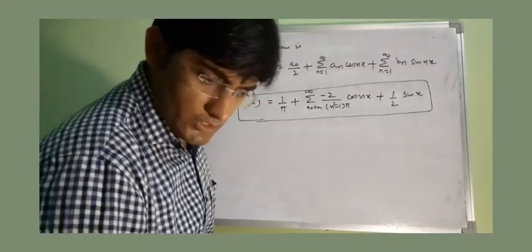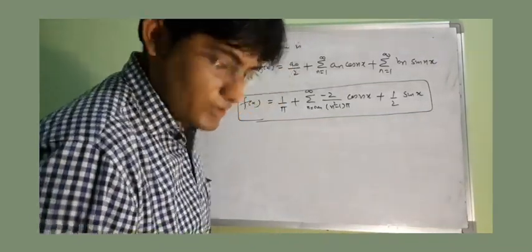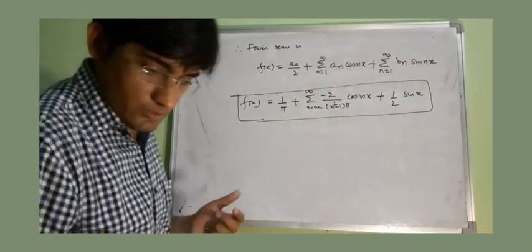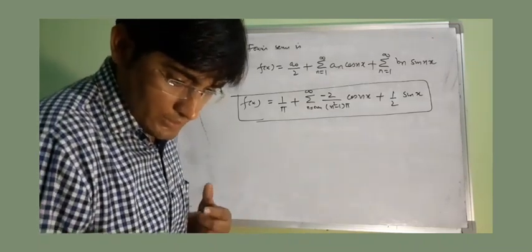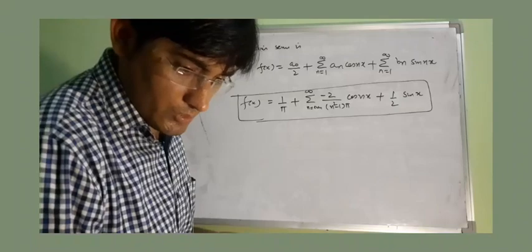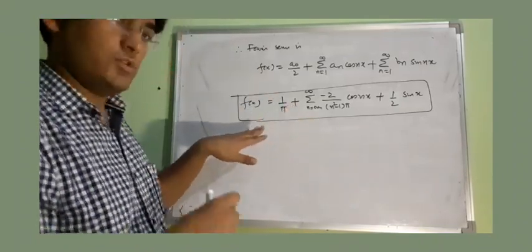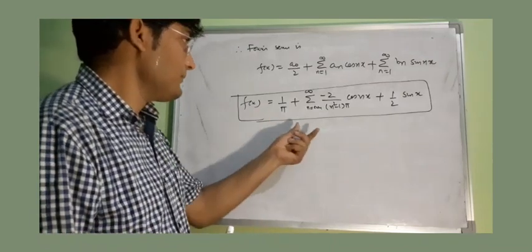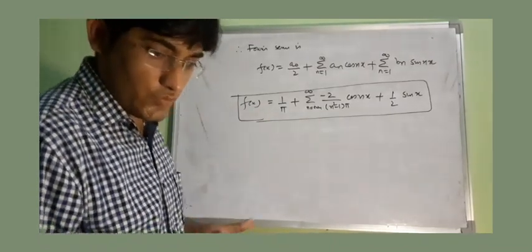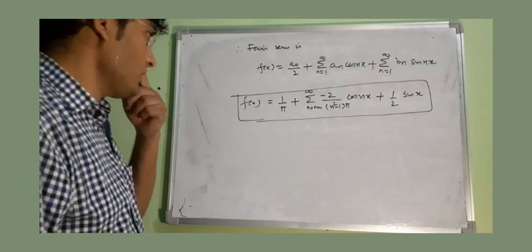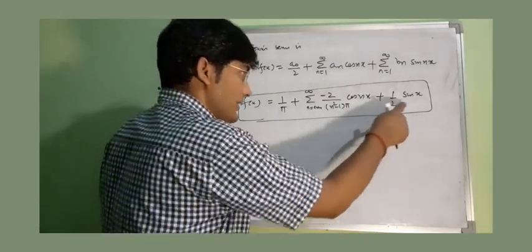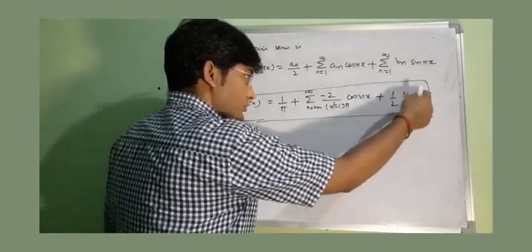Now further we have to evaluate the sum of the series. To evaluate that series, we have to evaluate the value of 1 upon 1 into 3, plus 1 upon 3 into 5, plus 1 upon 5 into 7. So for that we will have to remove this term.